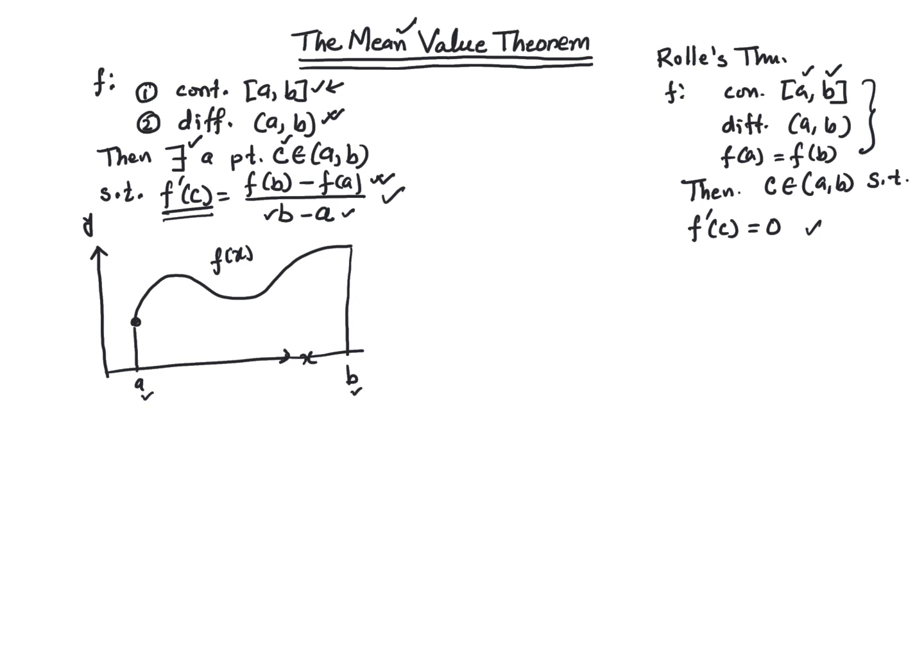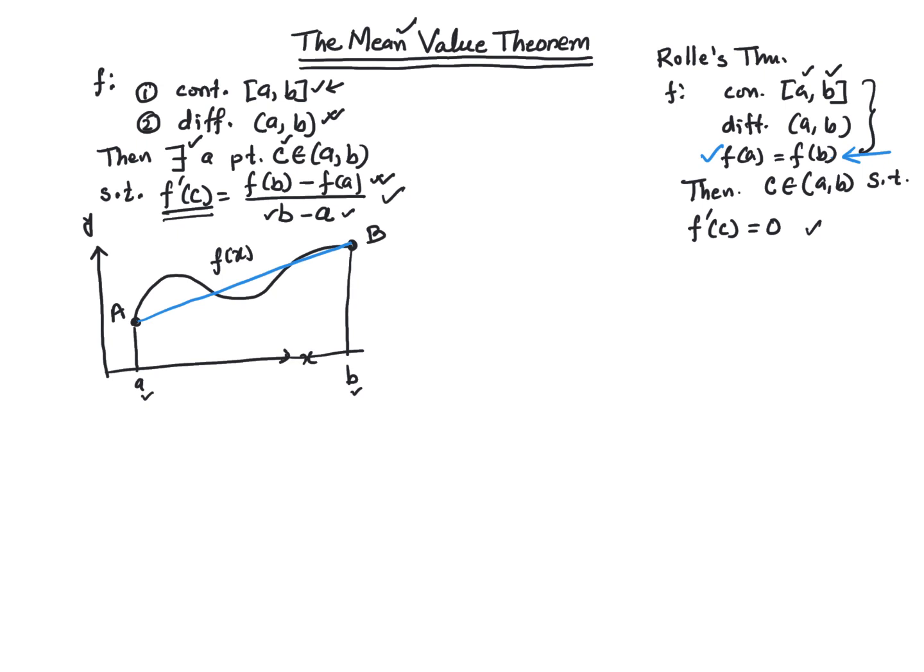Now, what we are going to do, we are going to go ahead and label these points, let's say point a and point b. And I'm going to draw a straight line. Maybe I can use a different color here. So let's say this is my straight line. Now what I'm going to do is create a special function in a way so that it satisfies the third condition of Rolle's theorem.